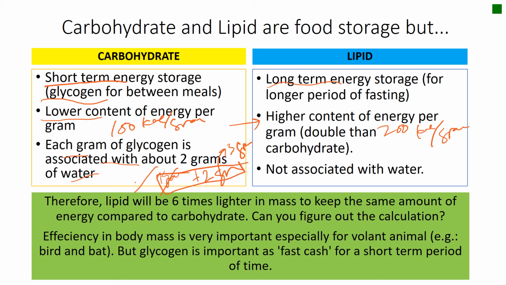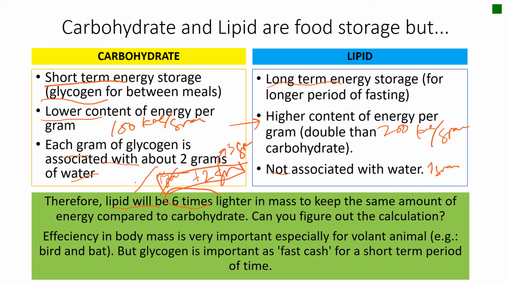However, lipid, as you know, is hydrophobic, so it is not associated with water. If your tissue carries 1 gram of lipid, it is just 1 gram. It doesn't have to combine with any water molecules. Therefore, lipid will be 6 times lighter in mass to keep the same amount of energy compared to carbohydrate.